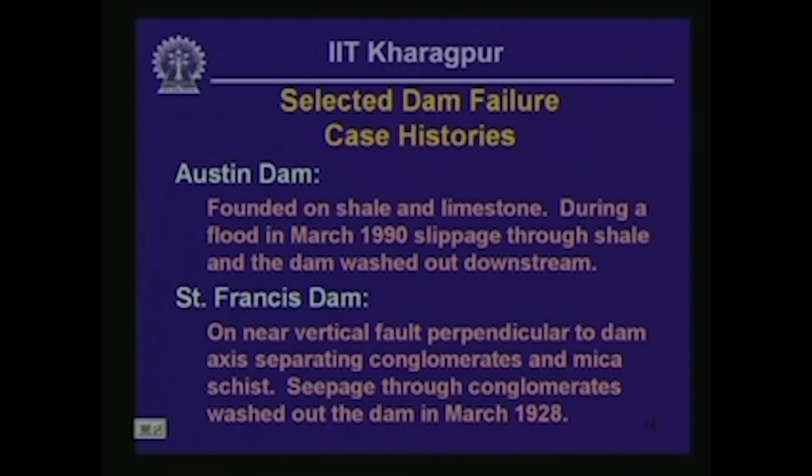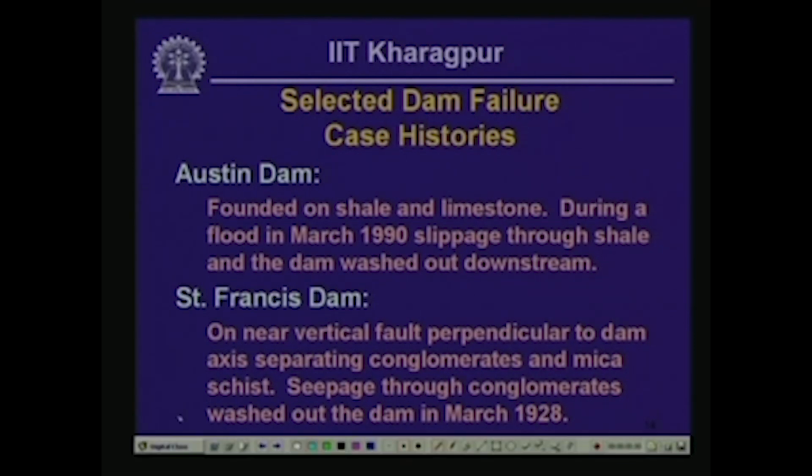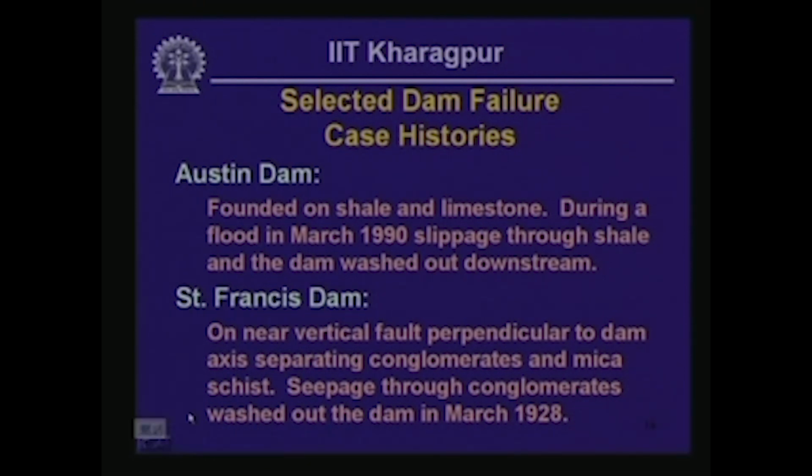It can be totally avoided. Of course, in case of gravity dams, you wouldn't have to consider the possibility of piping and scouring, but the possibility of seepage has to be addressed in case of gravity dams as well.